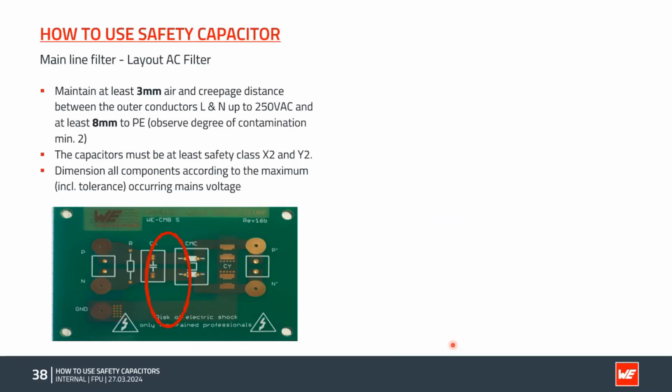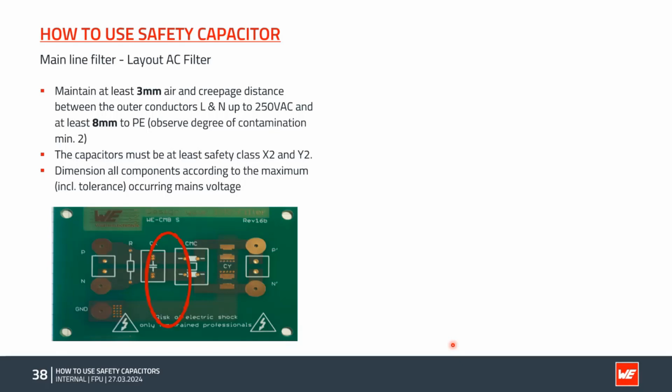When you design your PCB, your mainline filter, we recommend that you have at least a 3 millimeter air and creepage distance between the conductors, especially when you have 250 volt AC, and 8 millimeters to the PE, the protective ground.